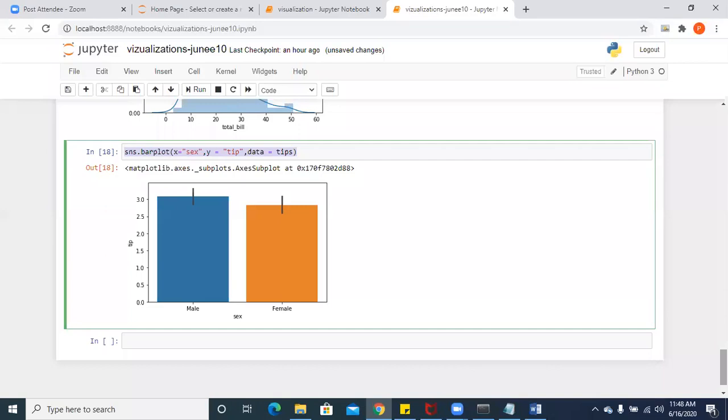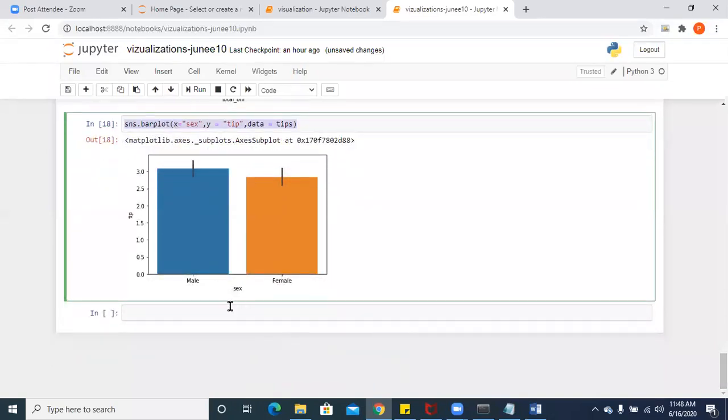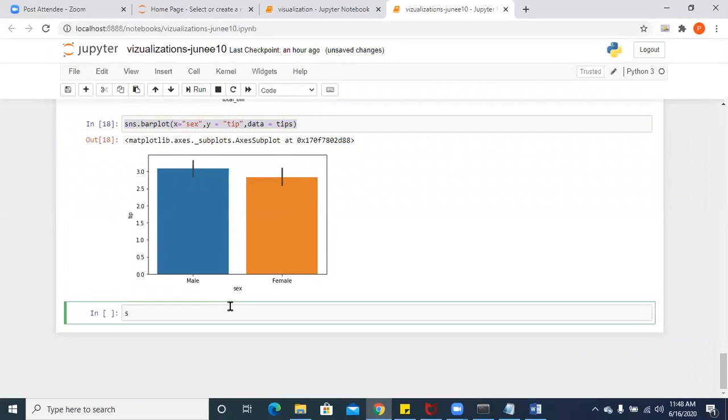But before that, we have another important plot which is called box plot.